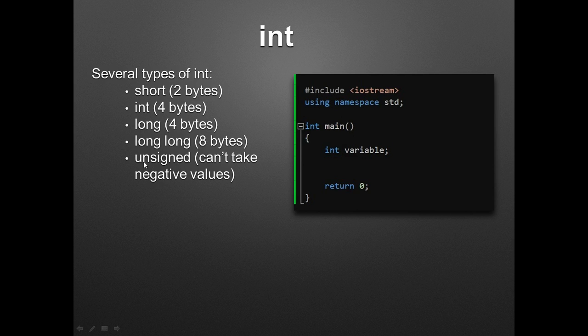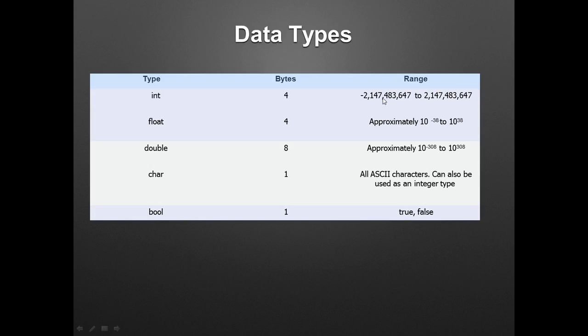Another version of this that you're going to find is the unsigned int. There's a difference between signed values and unsigned values. An unsigned version of the integer can't take negative values. Something very interesting happens with that as well. Instead of having a negative range, all of that space that was dedicated to the negative side, in this case negative 2 billion, would be transferred and added to the positive range.